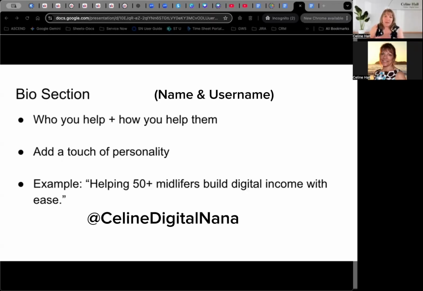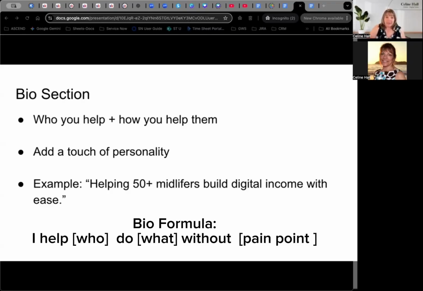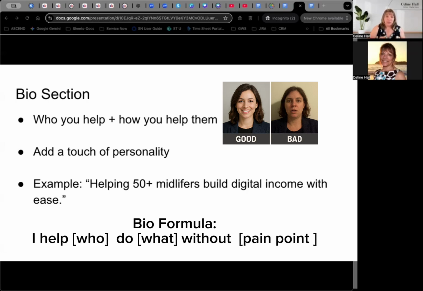Let's talk about the bio section. Arguably the most important part of your profile, because people go on to your main page and this is what they'll see. This is where it tells people who you help, the problem that you solve, and how you solve it. Write this down. Here's the formula: I help who you're helping, do what you help them with, without the pain point.